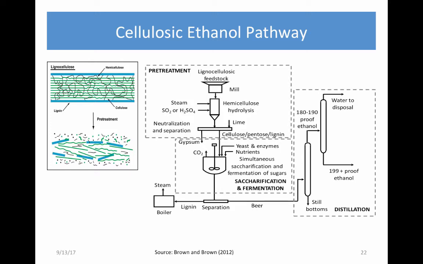Once cellulose is separated from lignin, the fermentation process is similar. In some of the co-fermentation processes, genetically modified yeast can digest both cellulose and hemicellulose to increase ethanol yield.